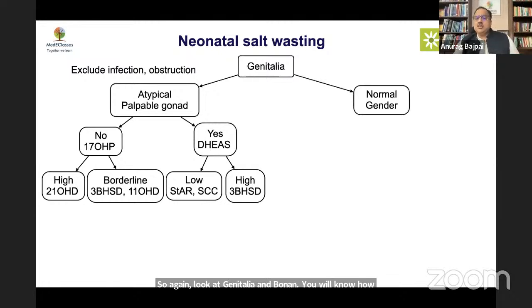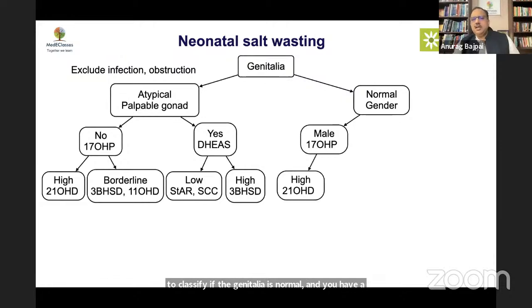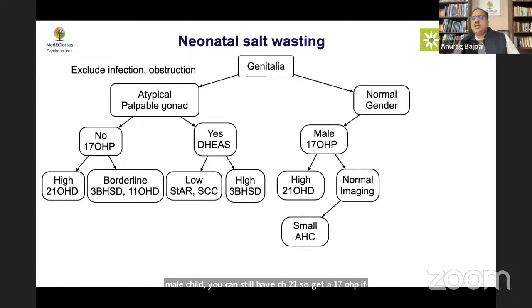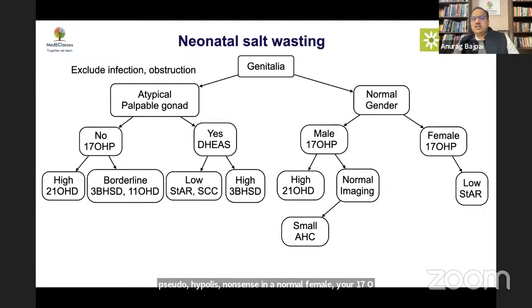If the genitalia is normal and you have a male child, you can still have CAH 21. So get a 17-OHP. If 17-OHP is normal, you can still have adrenal hypoplasia congenita. Get an imaging done. If it's small, it is AHC. And if it is normal, then we'll go more in terms of pseudohypoaldosteronism. In a normal female, your 17-OHP may be low in StAR.